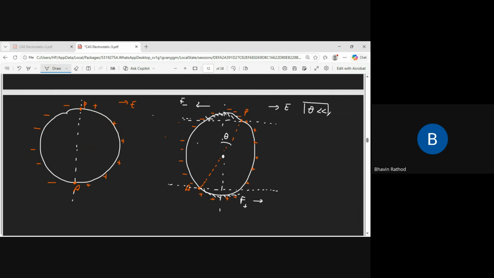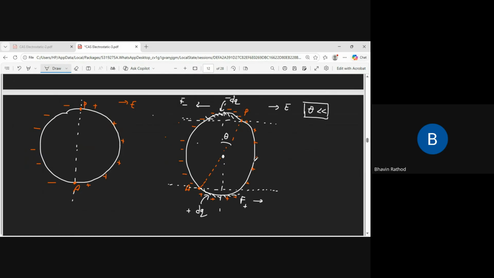So in this case, let's try and find out what will be the time period of oscillation. Let us say that the negative charge over here is dq, and by symmetry, this charge is also going to be a dq. This is plus dq and that's minus dq.